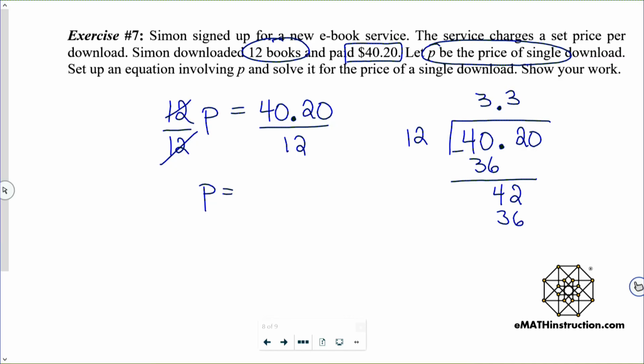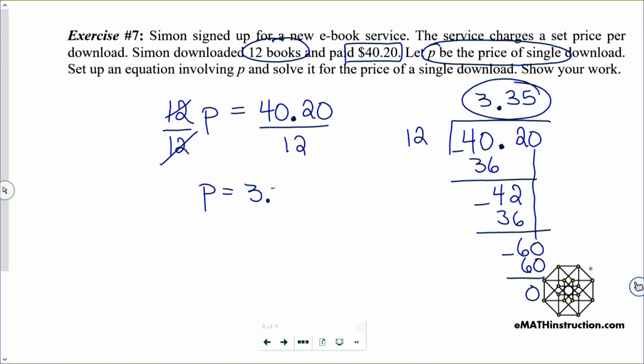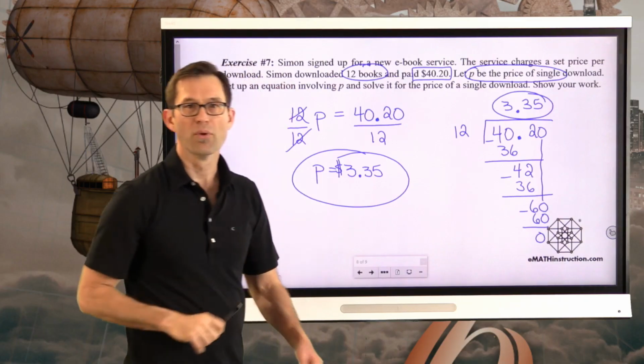That's going to be 36. Subtract. That's going to be 6. Now I need to drop the 0. 12 goes into 60 5 times. That's 60. Subtract. Remainder of 0. So P equals $3.35. It costs $3.35. Maybe I'll put the dollar symbol there per book.